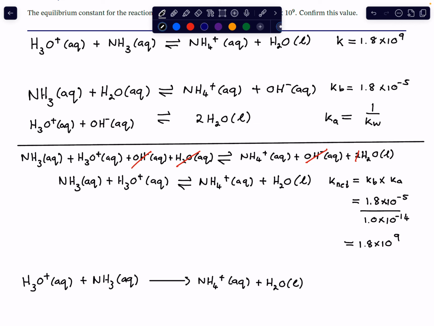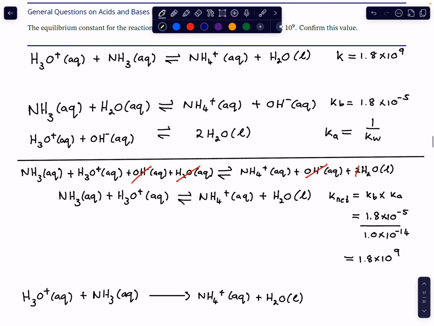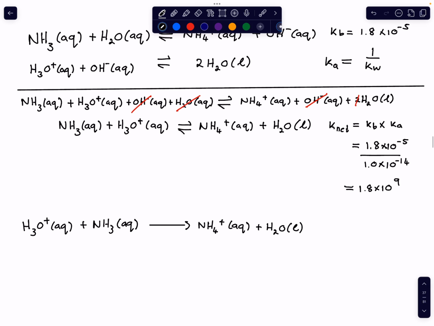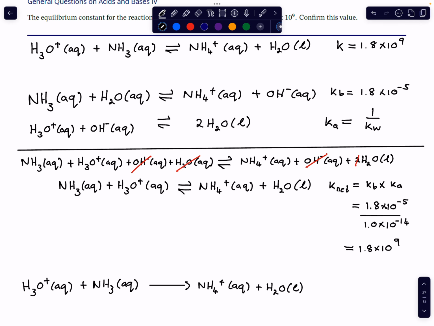And you can determine that for yourself by looking at the K values for different reactions. So this is technically what we calculated here, the Ka for HCl. It's very large. All right. So that's actually just for the acid-base reaction of HCl and ammonia.